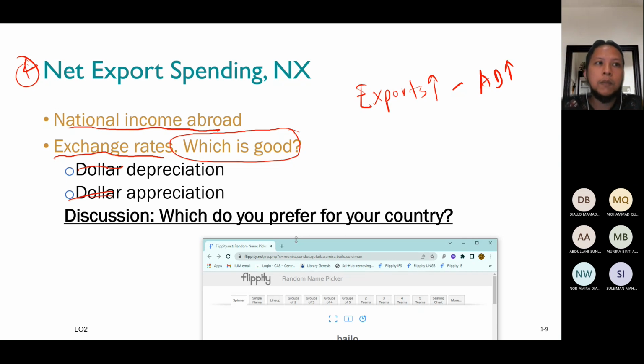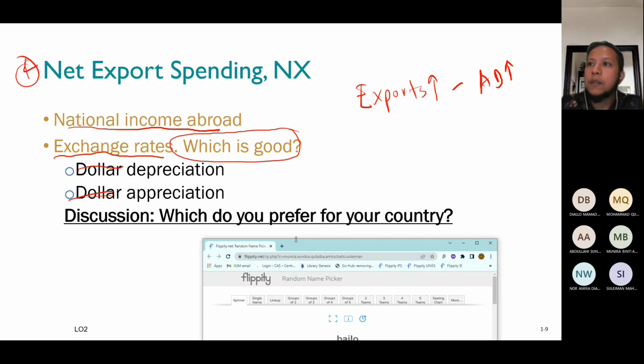Similarly, for example, the ringgit of Malaysia is currently depreciating against the US dollar. However, it may not depreciate against other currencies. So this is also a factor. Depending on the currency that the foreign country is experiencing, it will also influence the exports.